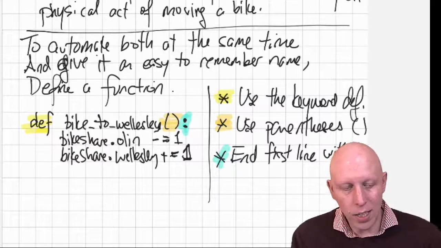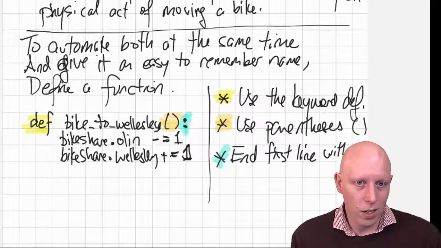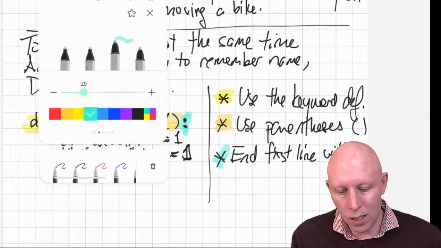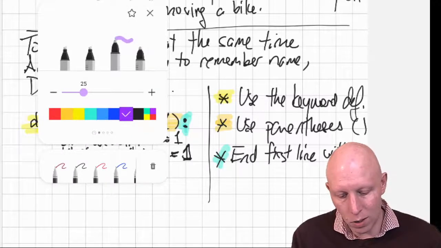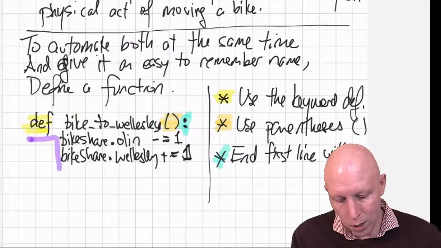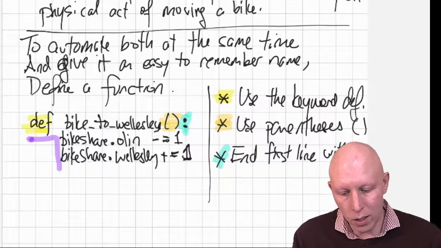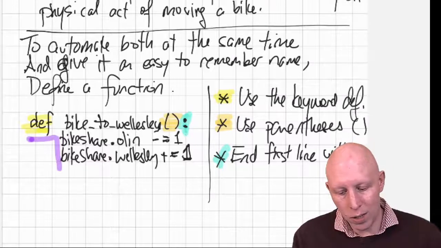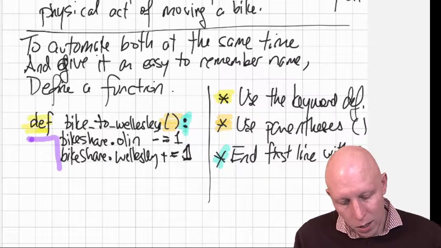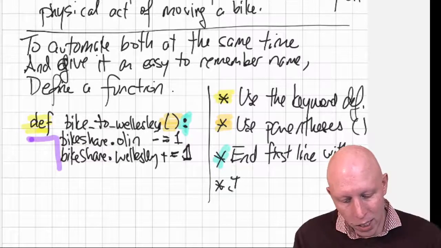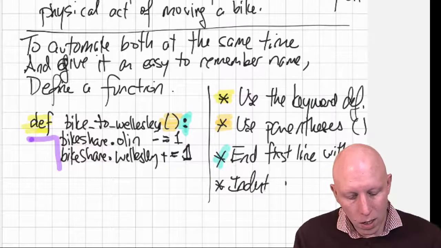And anytime you see this colon, this is something special for Python. It cares about this white space. So you end the first line with a colon and you indent all other lines.